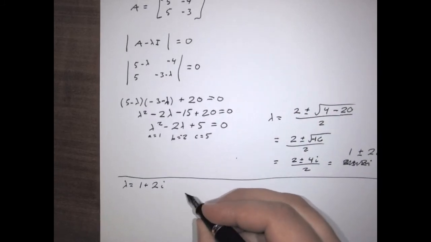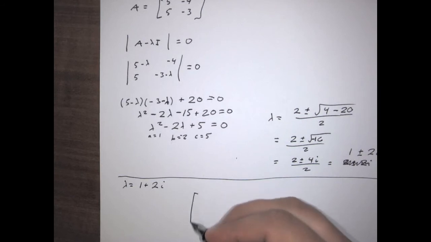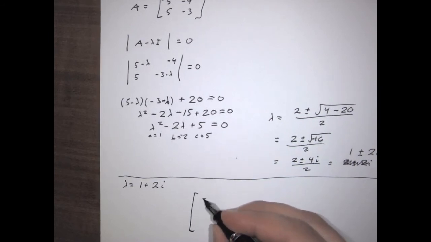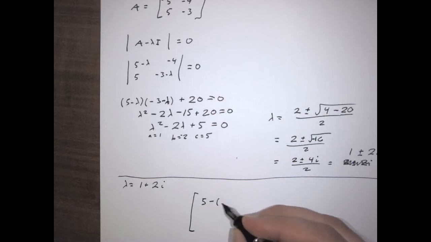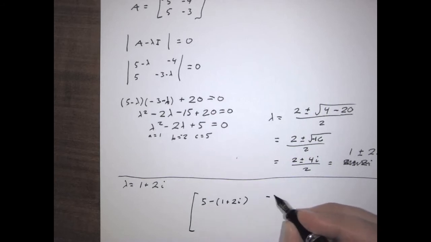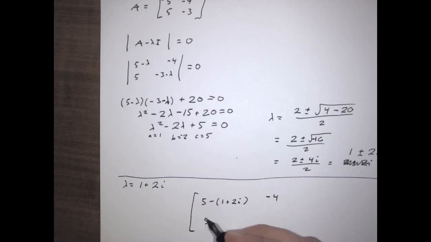And now what we're going to do is take the 5 minus that, negative 4, 5, and then negative 3 minus that.